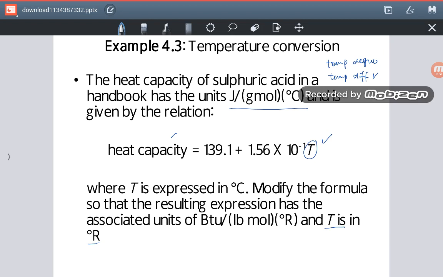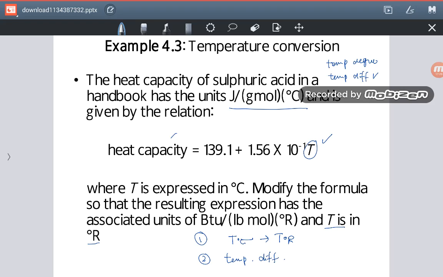we need to do two steps. First, to convert the T from degree Celsius to T Rankine, and this is the first step, and the second step is to convert the temperature difference.